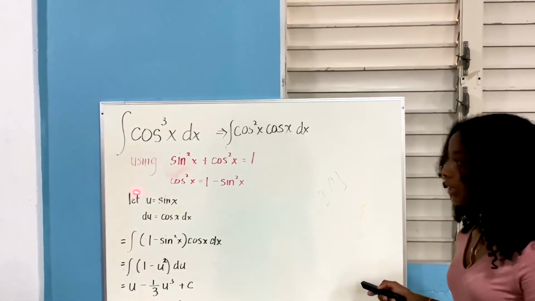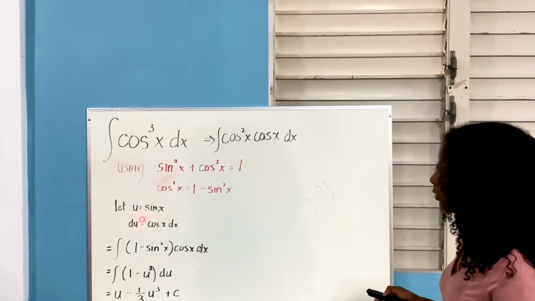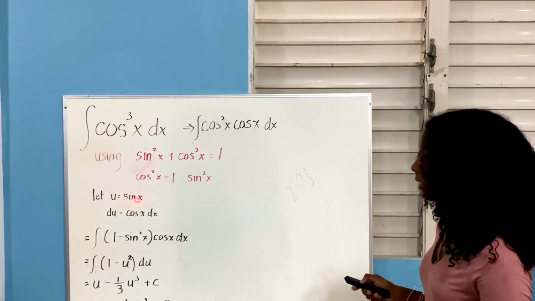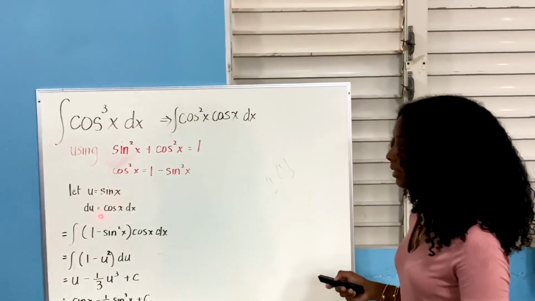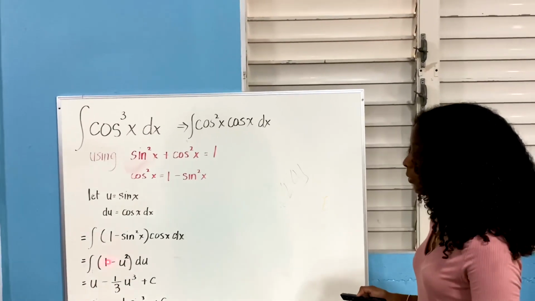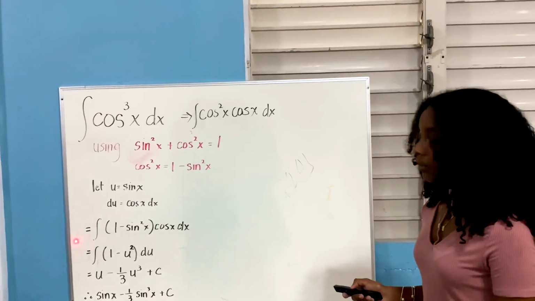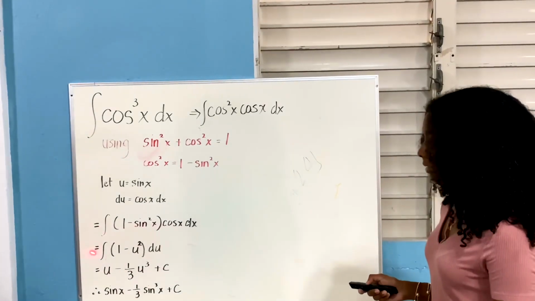And now we substitute for u and du, letting them equal sine x and cosine x dx. So we have the integral of 1 minus u squared times du. Now we can go ahead and integrate.